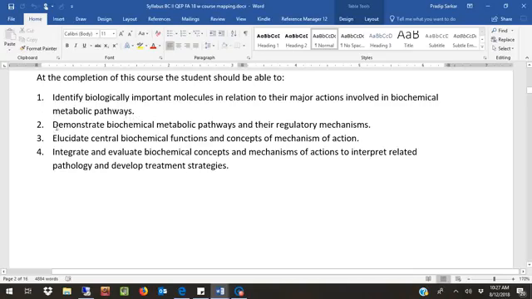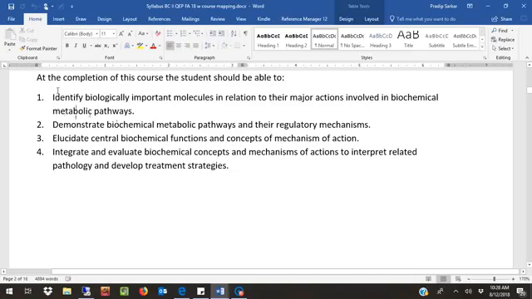Second learning objective, you need to demonstrate the biochemical metabolic pathways, every step, as you have learned in the glycolytic pathway, and how they are regulated. So that's the regulatory mechanisms. Third important learning objective, you should be able to elucidate the central biochemical function of the molecules you are learning in a particular pathway and what their mechanism of action is.